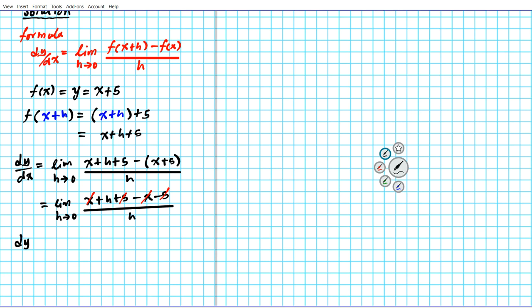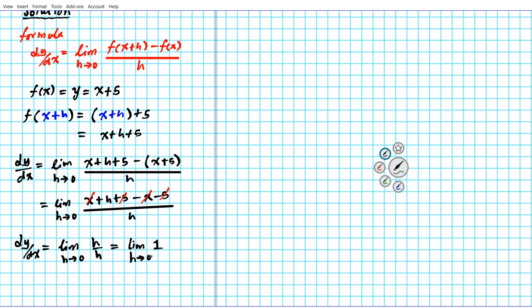Okay, so the derivative of y with respect to x is the limit as h approaches 0 of h over h. So we'll simplify this. When we simplify this, h divided by h is just 1. So this becomes the limit as h approaches 0 of 1. So there are no variables for us to substitute.